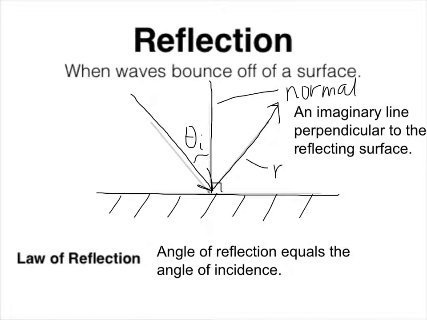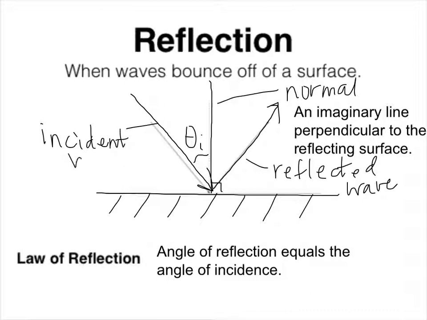So this is our reflected wave. This one over here is our incident wave. And the reflected wave also is at an angle to that normal. And so here we have the angle of reflection.